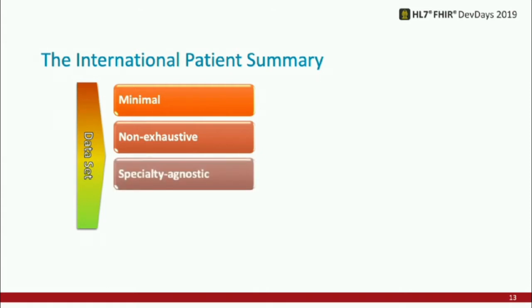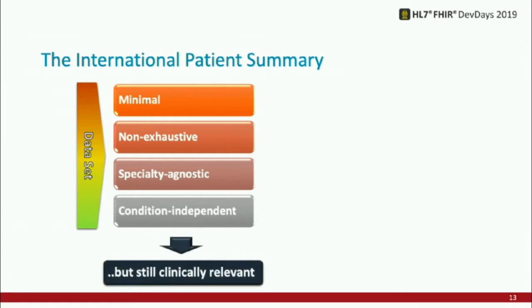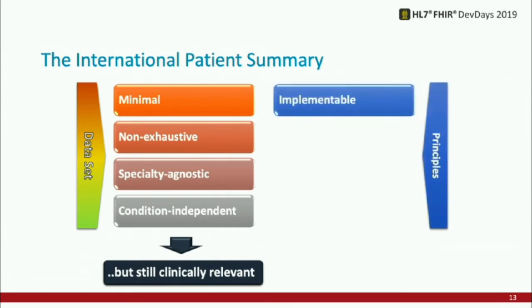It's specialty agnostic, so we're not focusing only on primary care or diabetes care or cancer care or anything like that. It's trying to be useful for all of those, and it's not based on any specific conditions. But again, just to reiterate, it's still clinically relevant for provision of care.